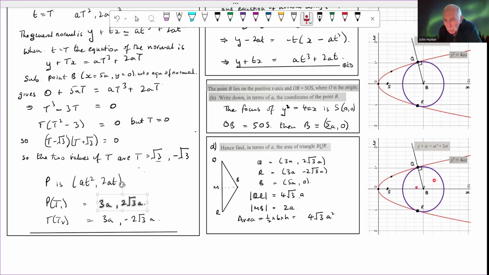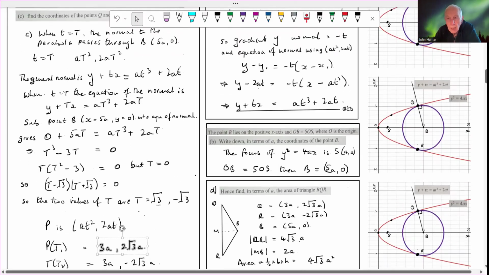And we know this perpendicular distance here, which is basically the difference between the 3a here and the 5a there. So that's 2a. So the area is simply half base times height. If this is the base and that's the height, then that's going to give us 4√3 a squared for the area of that triangle.